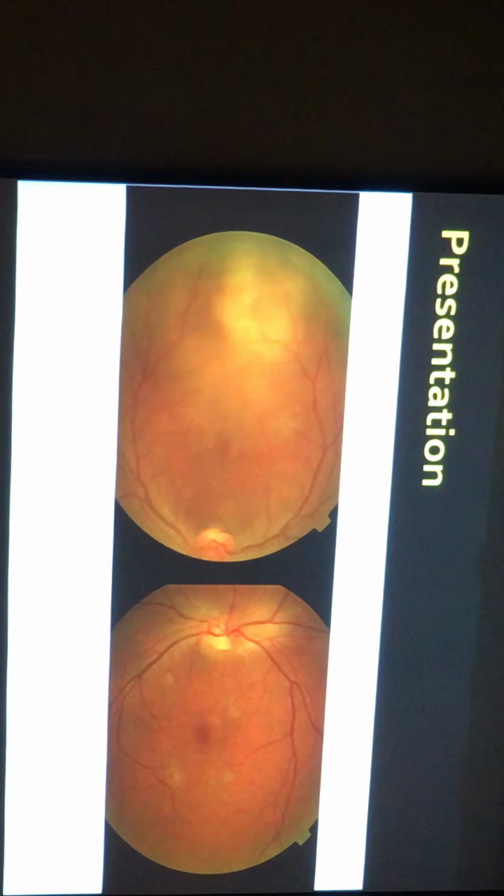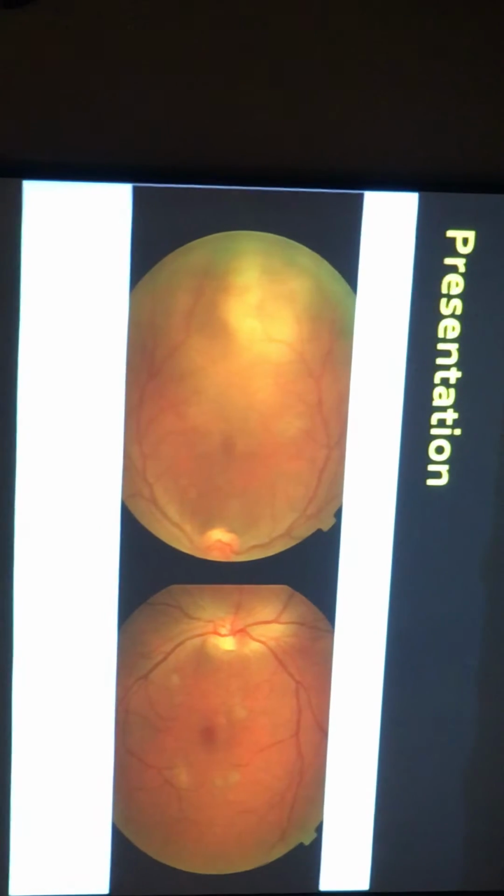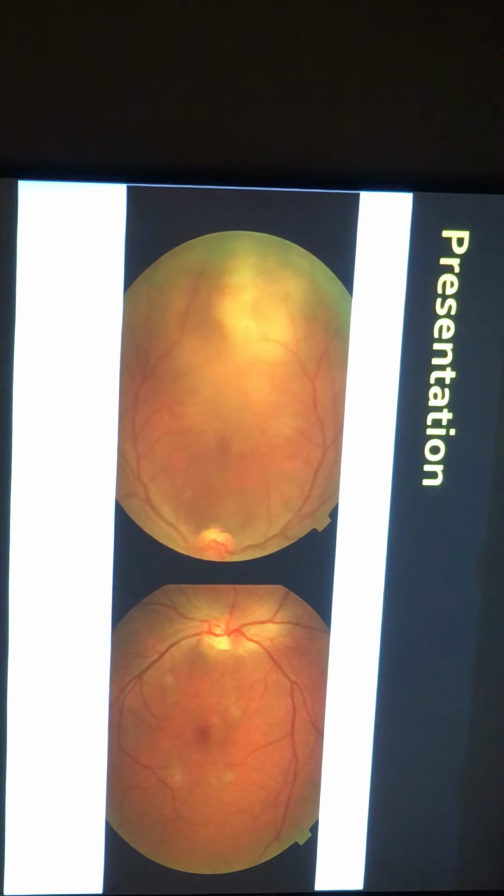So are you certain that this is a choroiditis and not a retinitis? It might be. You have to say now, is it predominantly retinal involvement, or is it choroid predominantly? Is it likely that the choroidal lesion is invading into the retina?